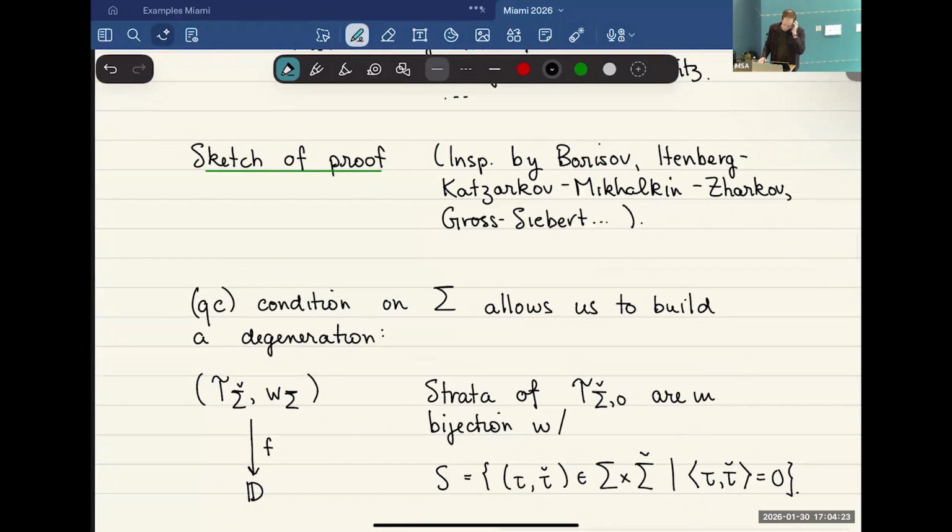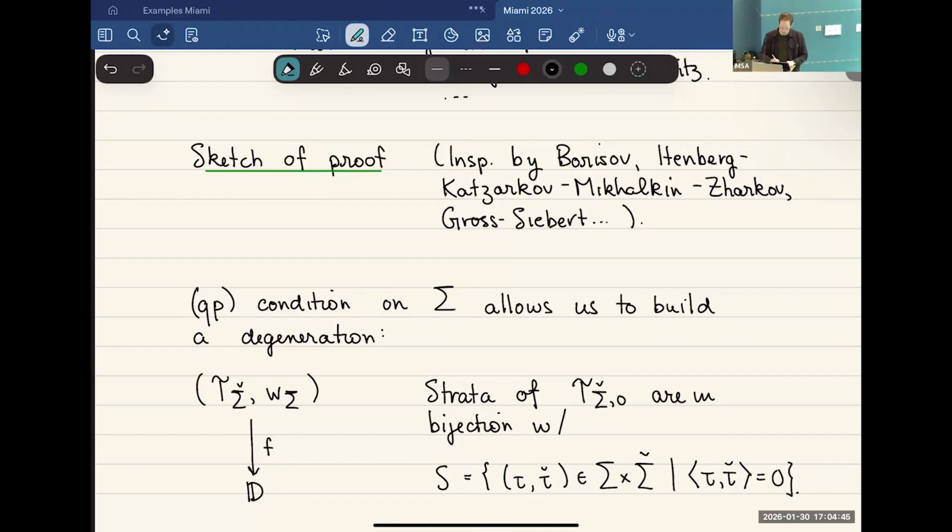Okay, so maybe I'll say a few words about the proof of this construction. The QC-QP condition here basically allows us to build a degeneration of families of Landau-Ginzburg models.